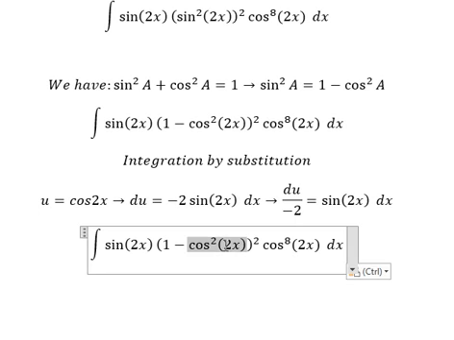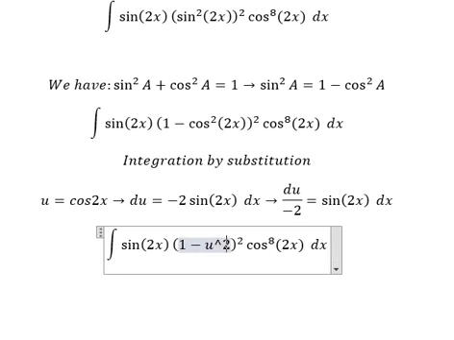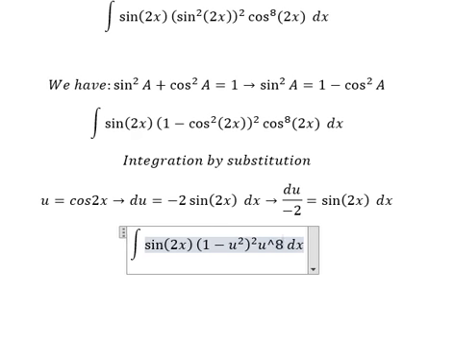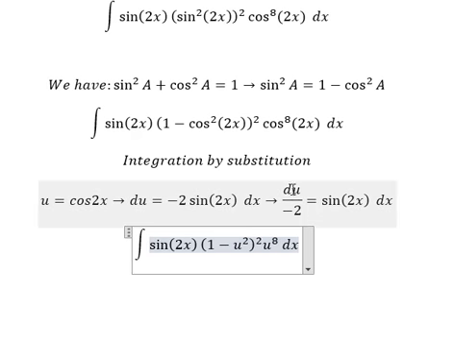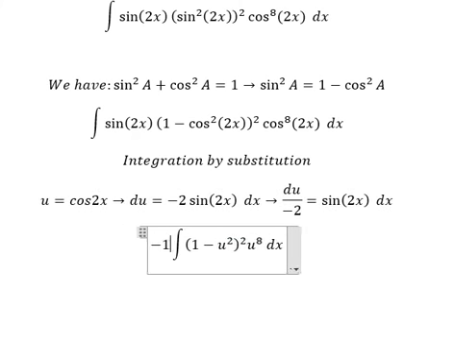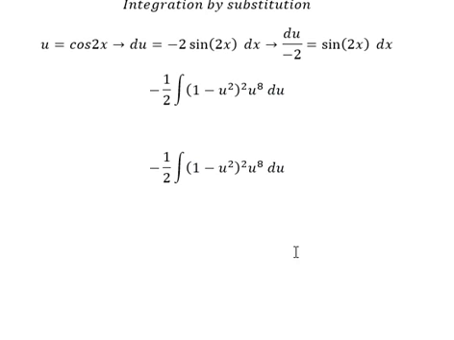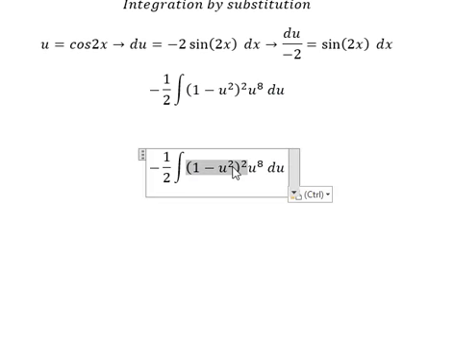This one we change by u square. This one we change by u to the power of 8. This one we change by negative du over negative number 2. Next, we need to expand this one.